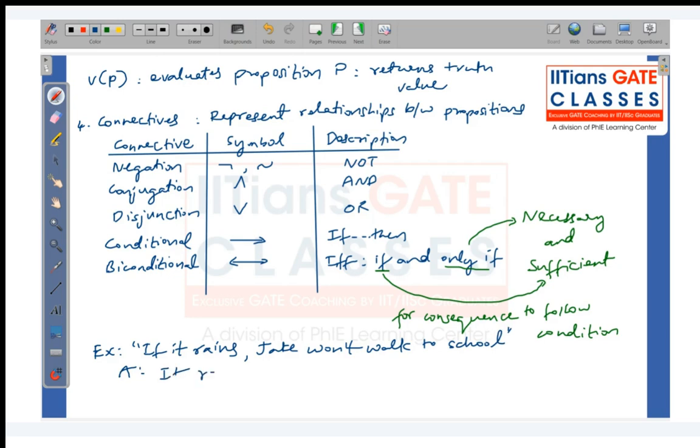A: it rains. The second one, B: Jeep won't walk to school. So this entire thing I can write as A implies B, if then.